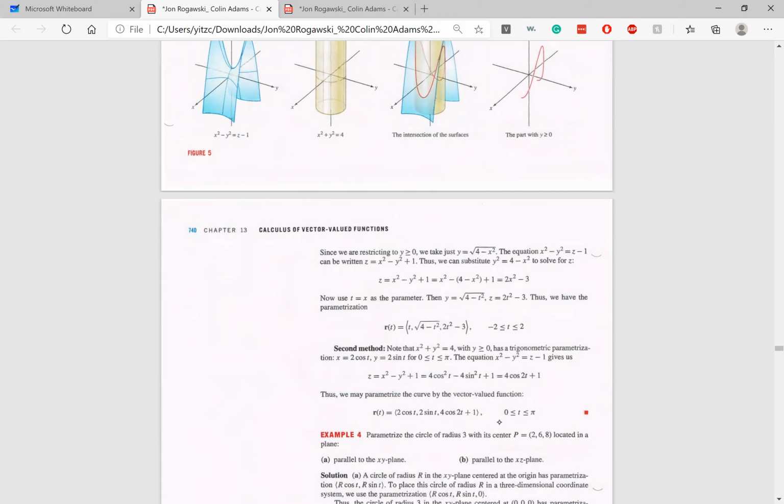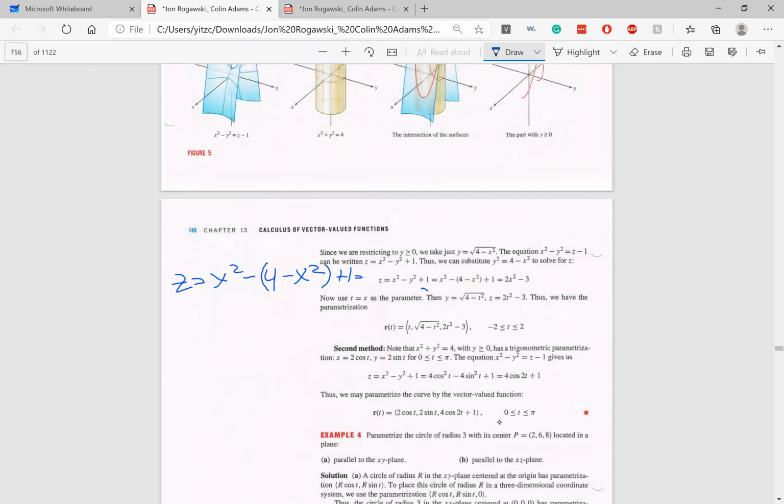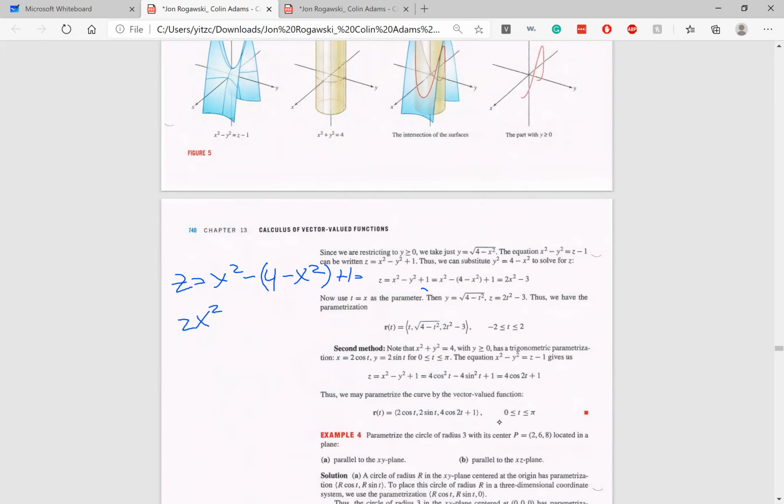So now we have that z is equal to, and when we plug that into y squared, we get x squared minus 4 minus x squared. This is from my y squared plus 1. That's from here. And this is going to be equal to 2x squared minus 3. So that is what our z is going to be.